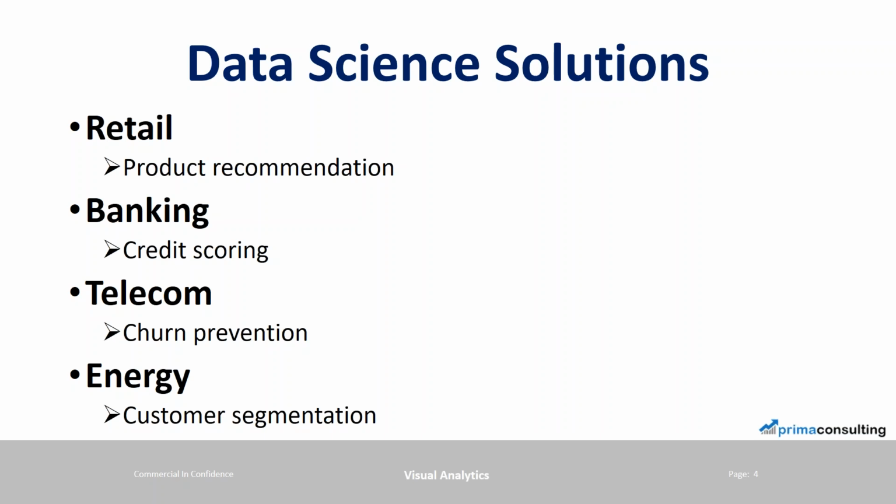So by using your customer database, you can predict which of the customers are at risk of leaving and hence decrease the attrition rate in your customer base, and that actually helps your bottom line at the end.